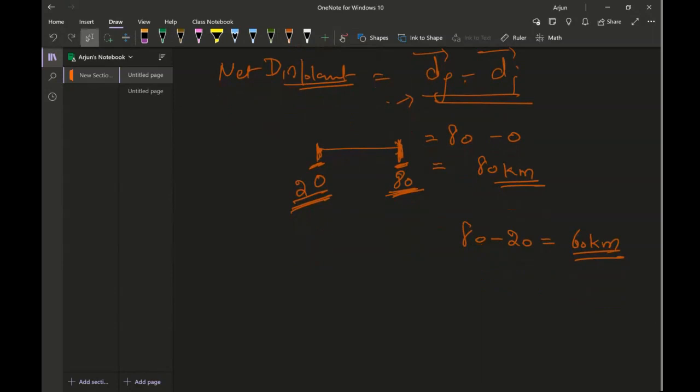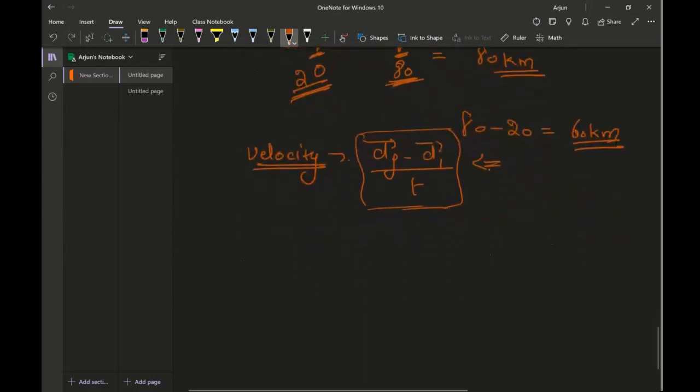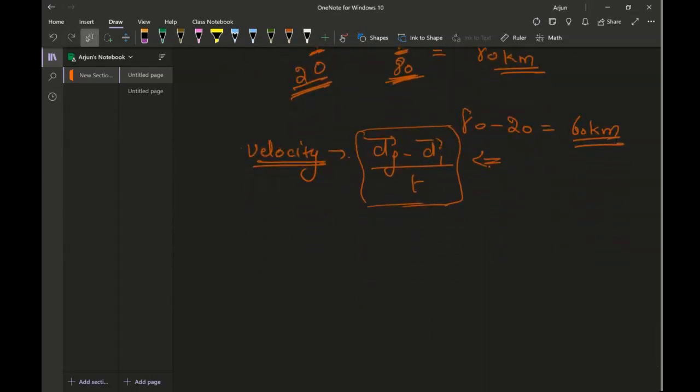So that was the formula for net displacement. Now I'll talk about velocity and speed. Velocity, as I told you, is a vector quantity. The formula for velocity is d final minus d initial divided by time. So if I have to write the definition for it, you just have to write this formula in the English language.